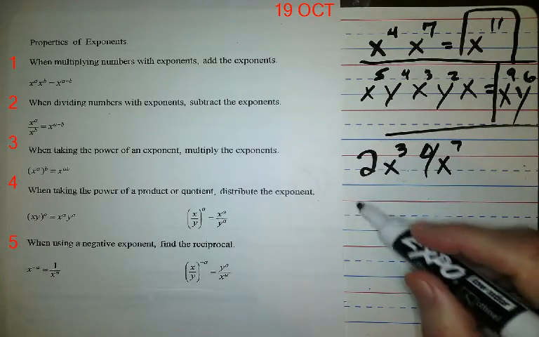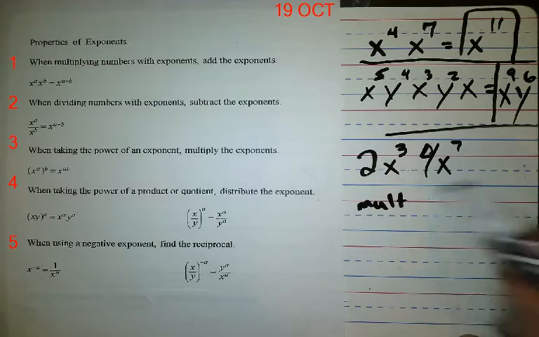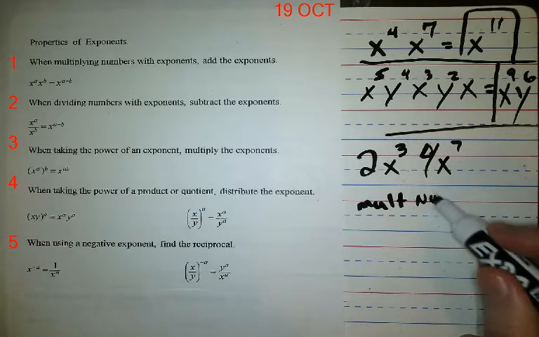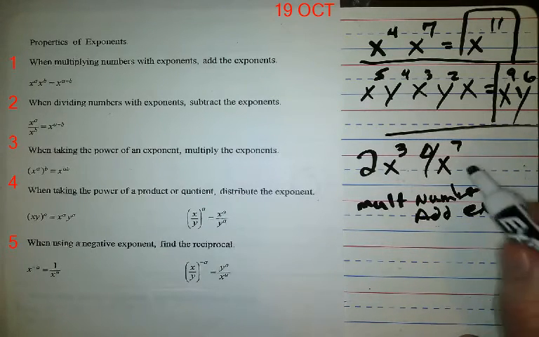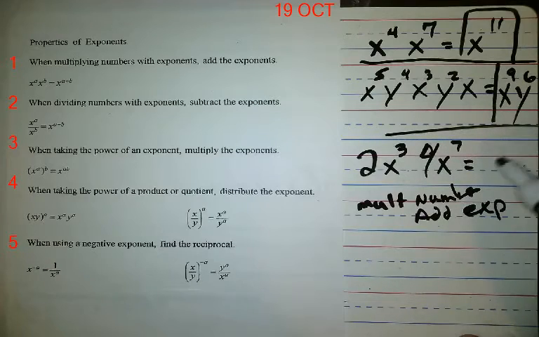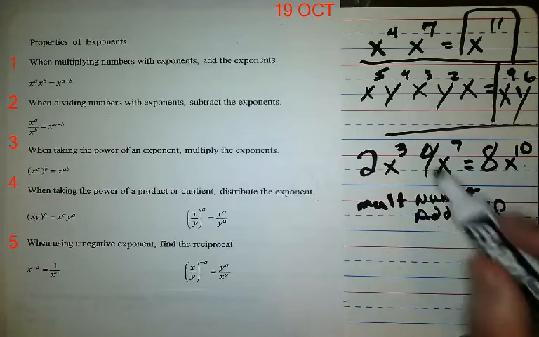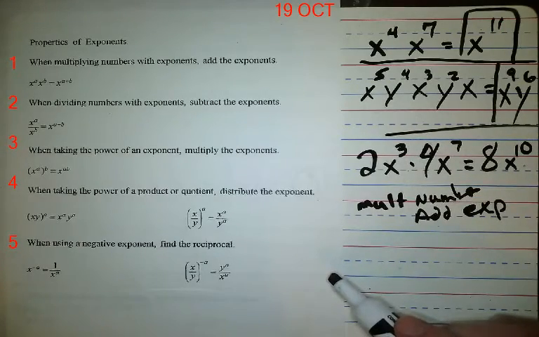Now you have to multiply the numbers and add the exponents. So if I multiply the numbers, 2 times 4 is 8. And I add the exponents, 7, 8, 9, 10. This would be 8x to the 10th, because I'm multiplying those two things together.